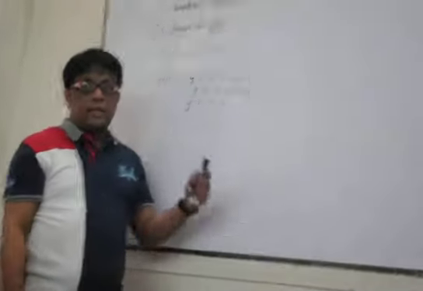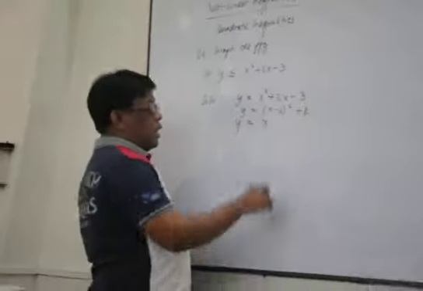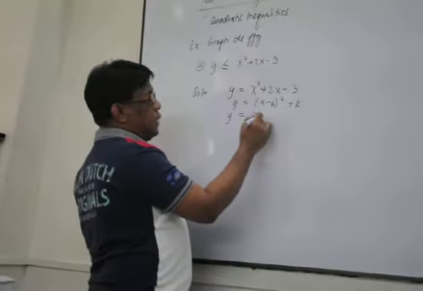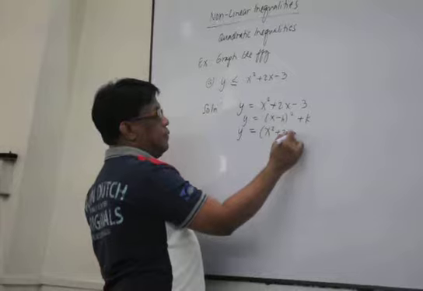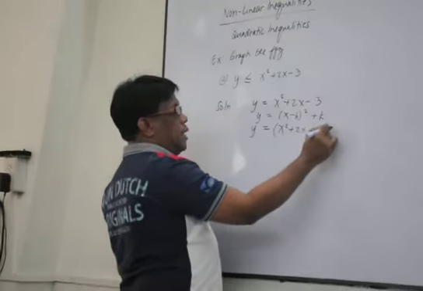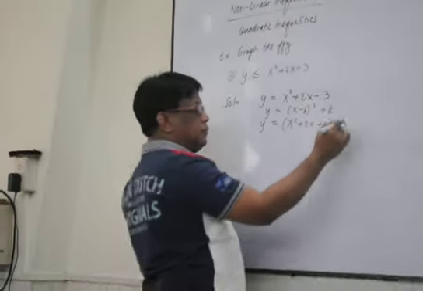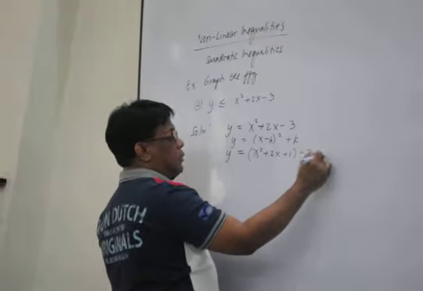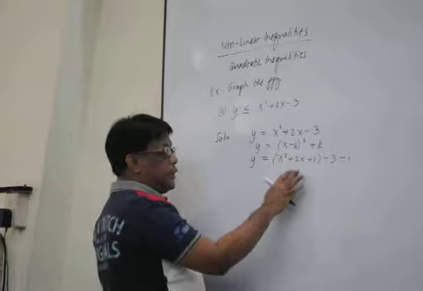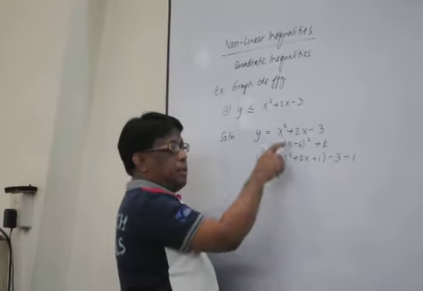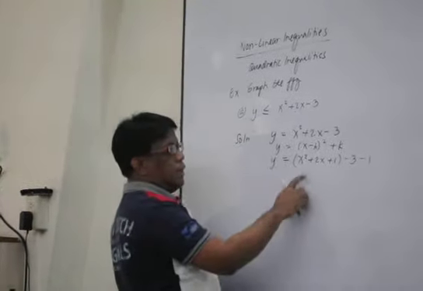So let us transform this: we have x squared plus 2x, then completing the square, we add 1, then minus 3, then minus 1. If you simplify this expression, it will be the original equation.